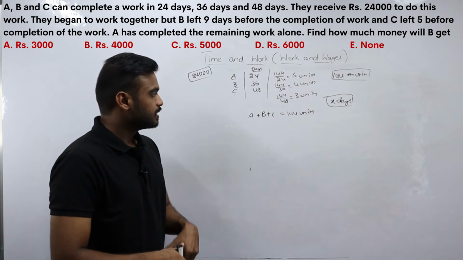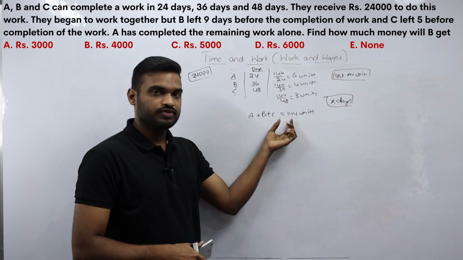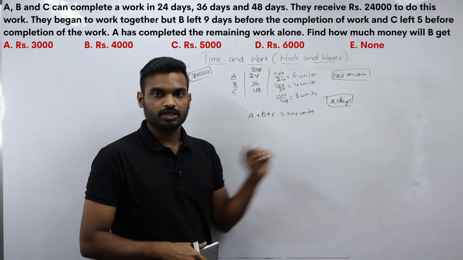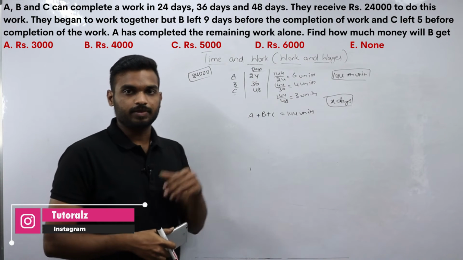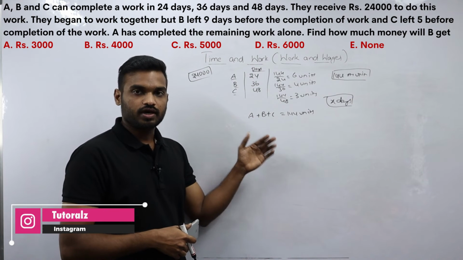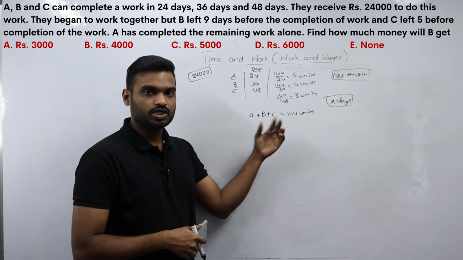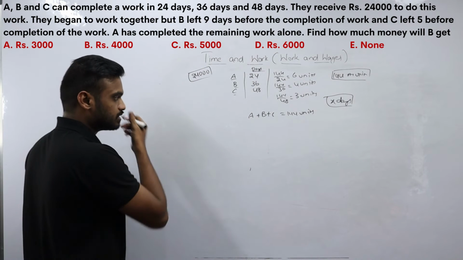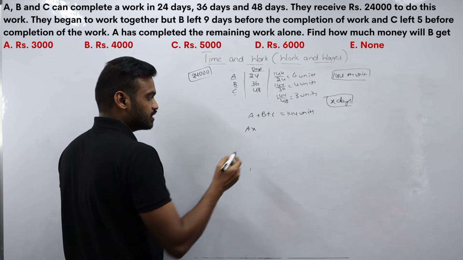They are saying B is leaving 9 days before the total completion of work and C is leaving 5 days before the total completion of work. A is involved in the work from the start until the work is completed, but B is leaving in the middle and C is also leaving in the middle. So A is doing the work for all X days.